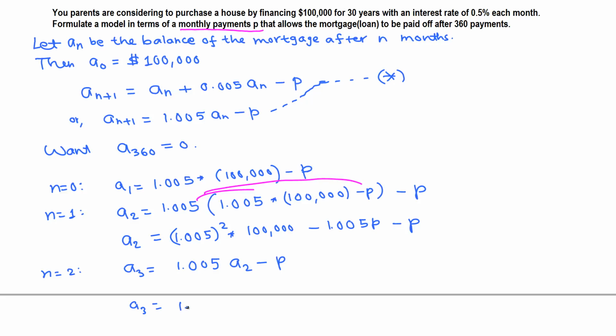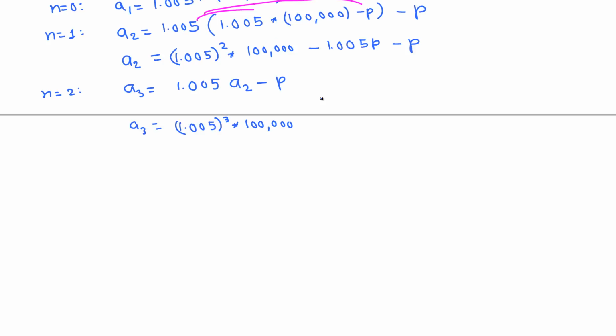Multiply by this, we get 1.005 cubed times 100,000, minus, because we are multiplying by 1.005, 1.005 squared P, minus 1.005 P and minus P. That's A_3.